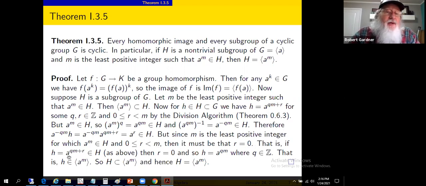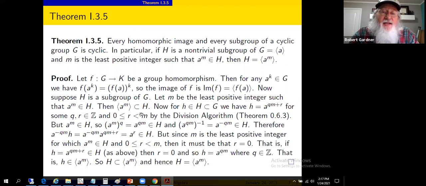That is, h equals A to the QM plus R is in H. Then R must equal 0, and h equals A to the QM, where Q is an integer. In other words, h is some power, the exponent being Q, of A to the M. So we took an arbitrary element lowercase h of group capital H and showed it's a power of A to the M. Remember what we're trying to show here?